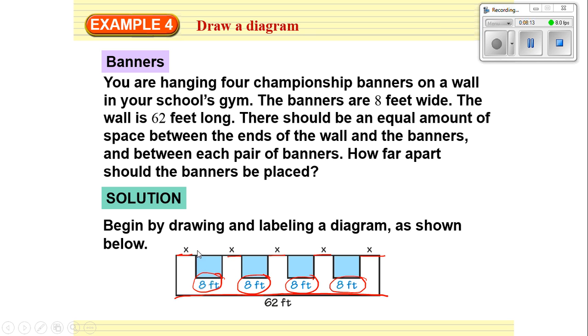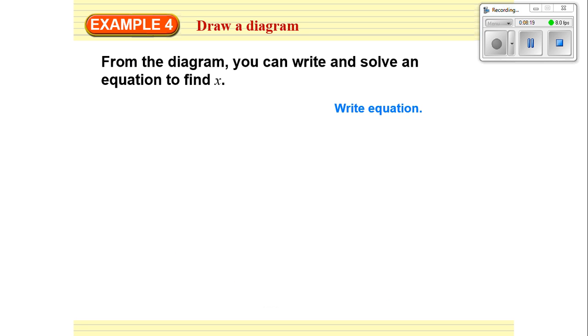So now that we have a picture, we can set up our algebraic model, which would be x plus 8 plus x plus 8 plus x plus 8 plus x plus 8 plus x. So we've got 4 banners, 8 long, and we have 5 spaces, one before, between, and after the banners, all of equal length.